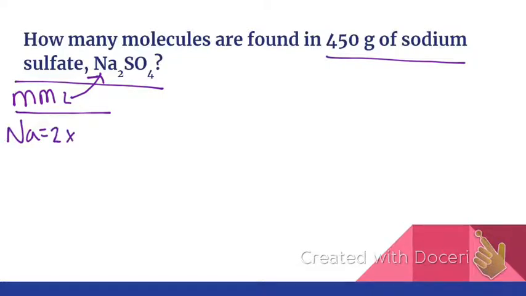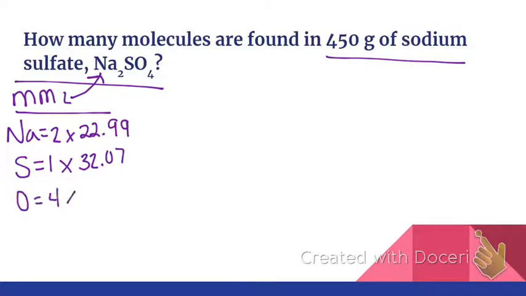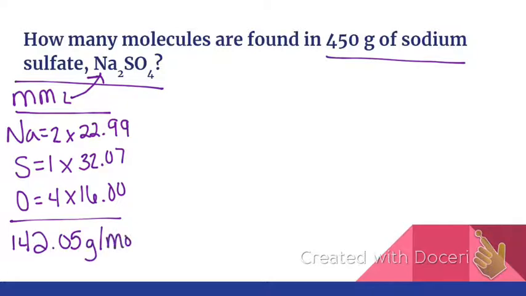On the periodic table, rounding, it's 22.99. We have one sulfur. On the periodic table, it's 32.07. And finally, we have 4 oxygen, which again rounds to 16. Multiplying and adding them all up, you get approximately 142.05 grams in 1 mole.